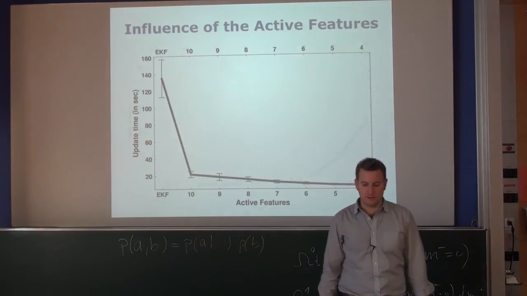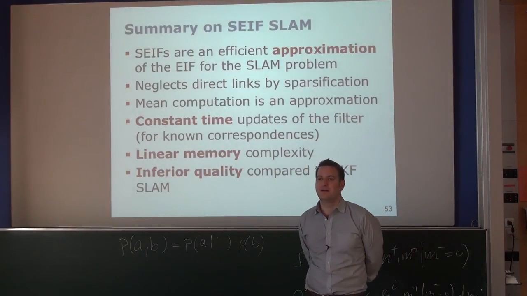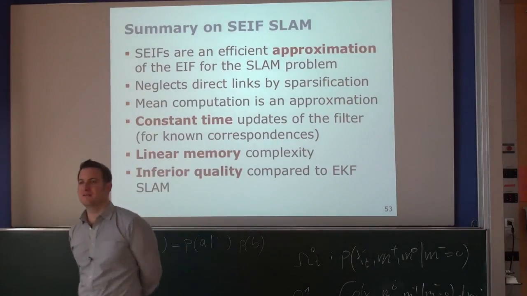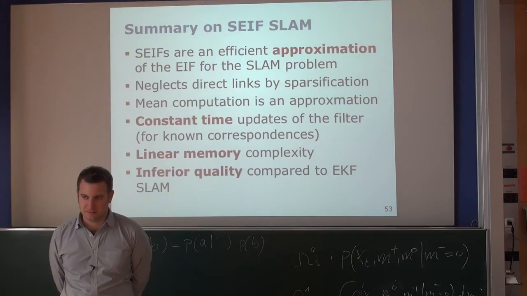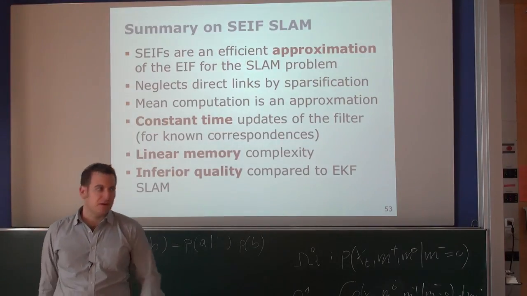Yes, please. Does it help if we have a non-constant set of active landmarks? When we observe more landmarks, the number of active landmarks increases to the number of observations, and when we see fewer landmarks, it decreases.